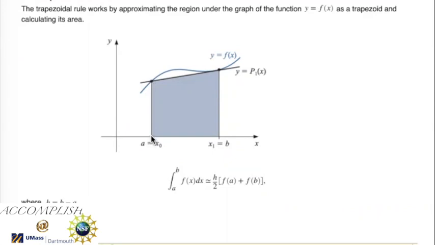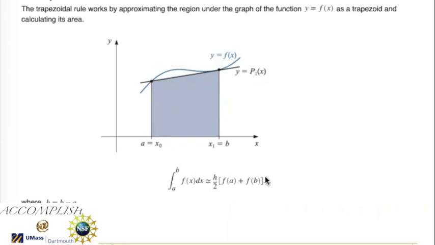So the points A on the x-axis, the point B on the x-axis, and also the function's values when you evaluate at these 2 points. So these 4 points will form a trapezoid, and the area of that one will approximate the area below this curve, which is the exact integral, right? So that's the trapezoidal rule.